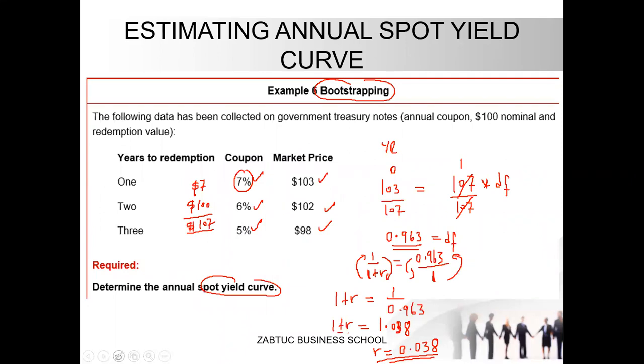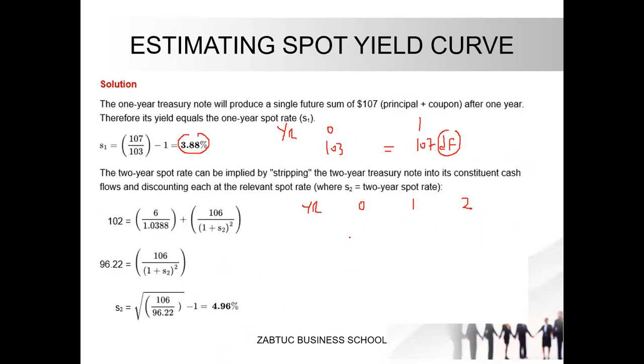So let's arrange it. What we are saying is that this is a bond. 1 year from now, it will give you 6. 2 years from now, it gives you 106.